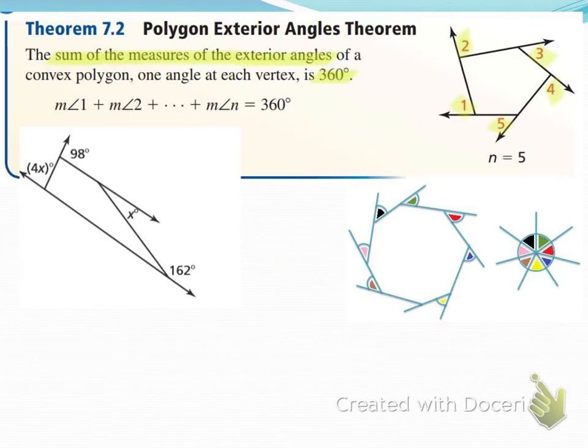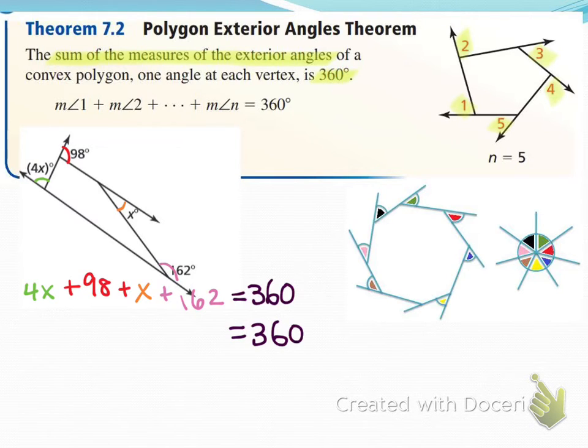So we're going to use that property here in this example. All of the exterior angles add up and equal 360. So 4x plus 98 plus x plus 162 equals 360. So combine your like terms.